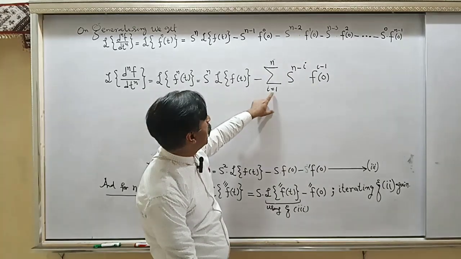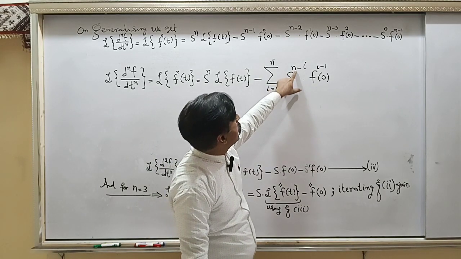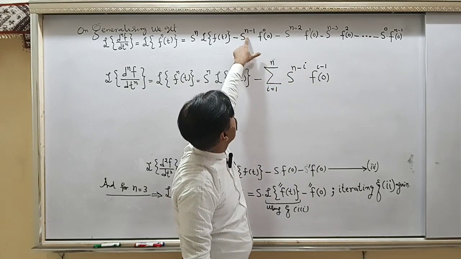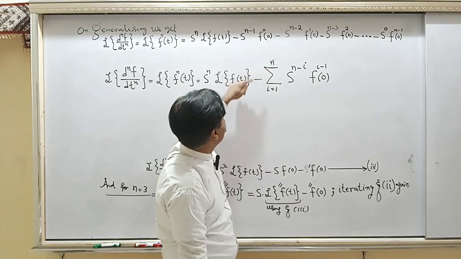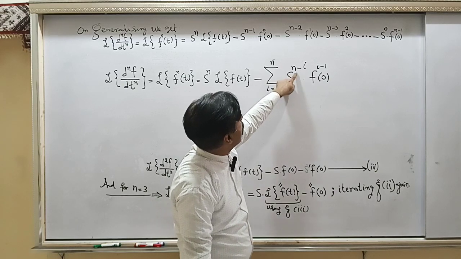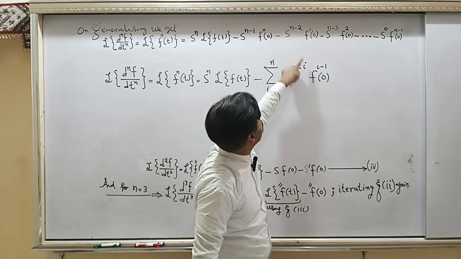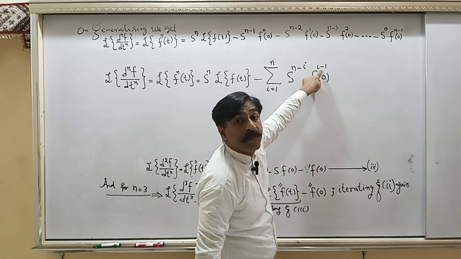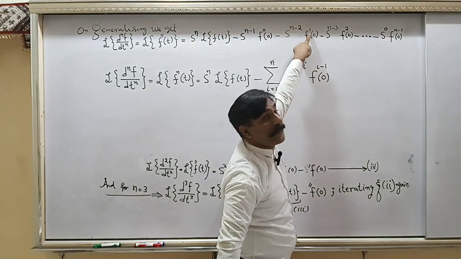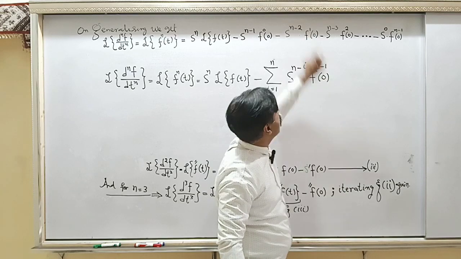Why? When i is equal to 1, this gives s^(n-1) here, and 1 minus 1 will produce 0. And when i is 2, then this is s^(n-2), and 2 minus 1 is 1: f1, meaning the first order derivative, which is f1 or f prime, whichever you like.